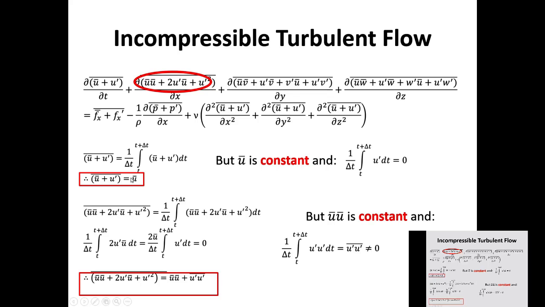But the average of u prime times u prime is not equal to 0.